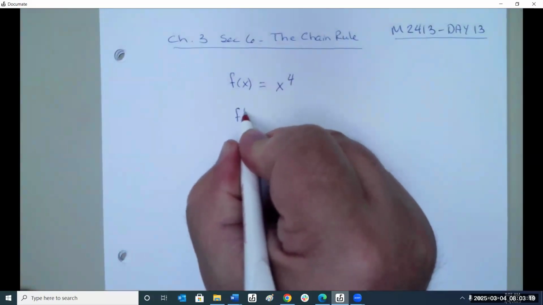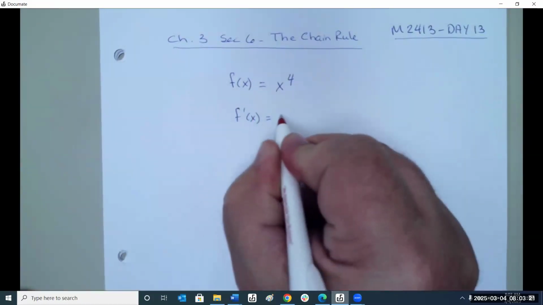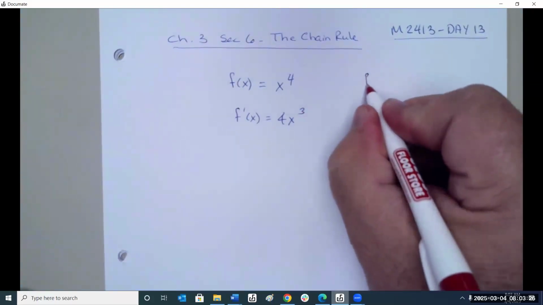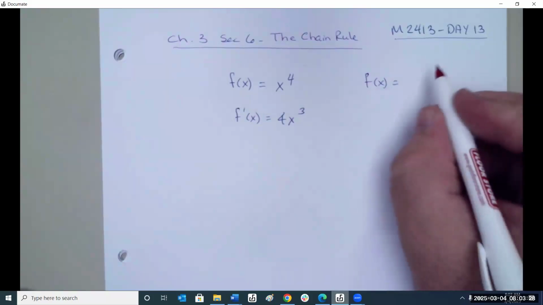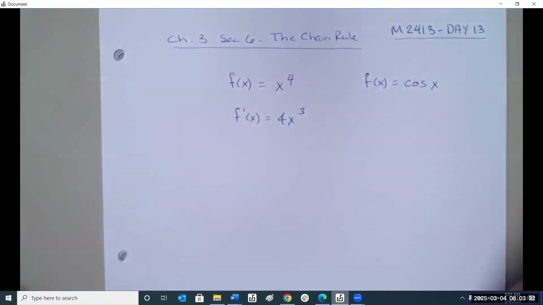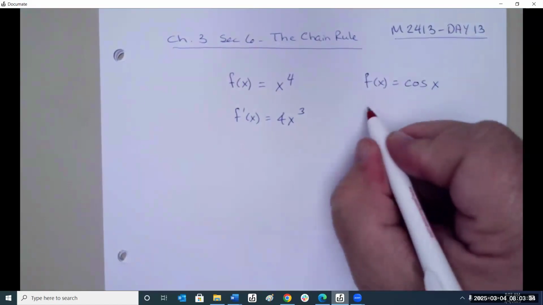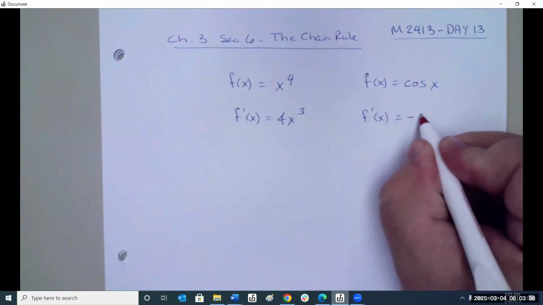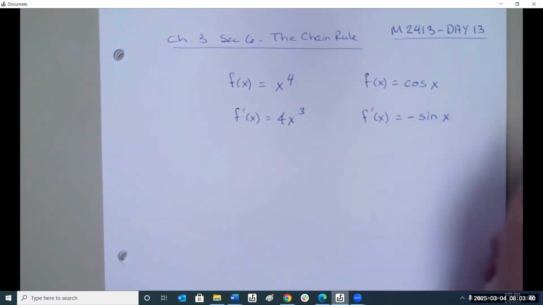So the derivative of that is 4x to the third. Or we talk about trig functions, the cosine of x. The derivative of cosine of x is negative sine of x.